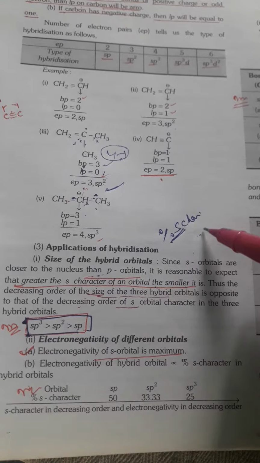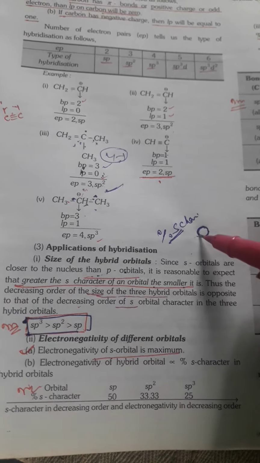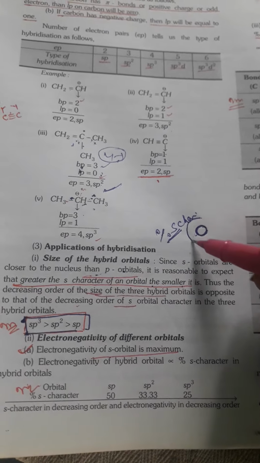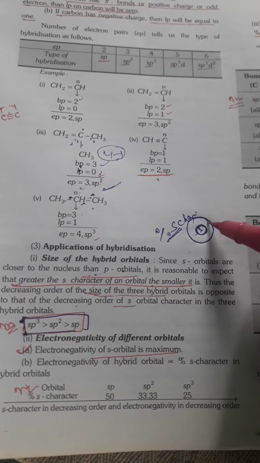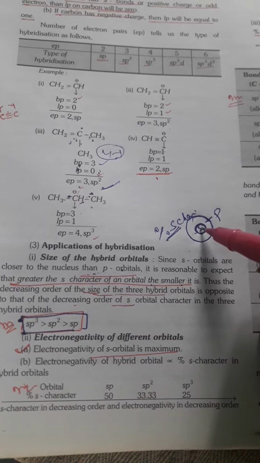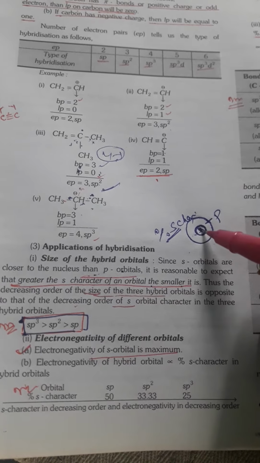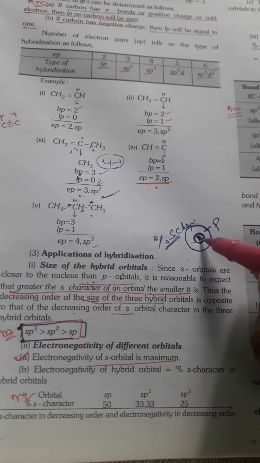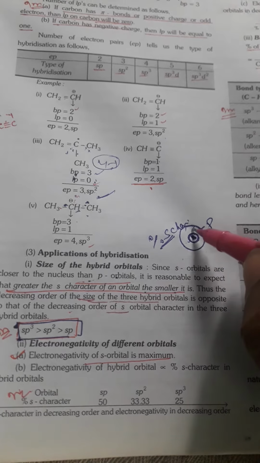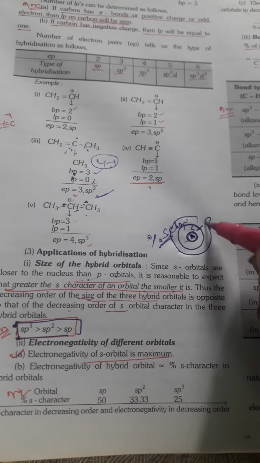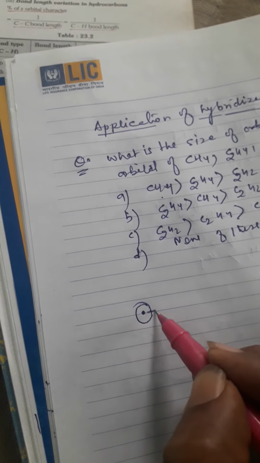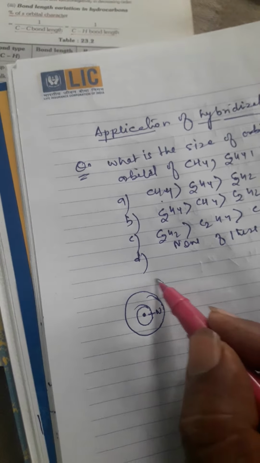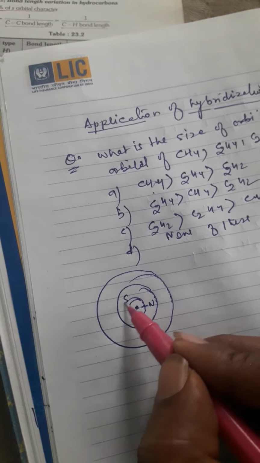Suppose this is the nucleus, and around it are the hybrid orbitals, with the s orbital and the p orbital.